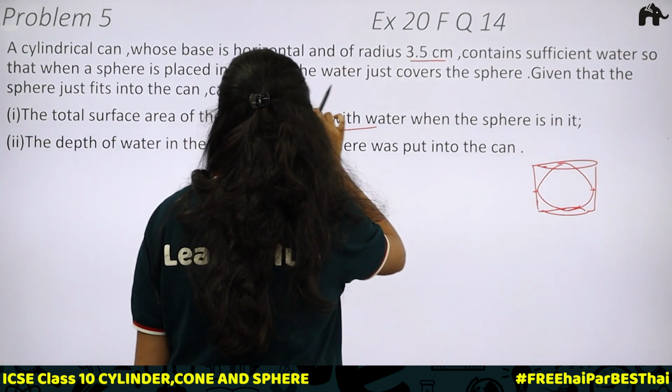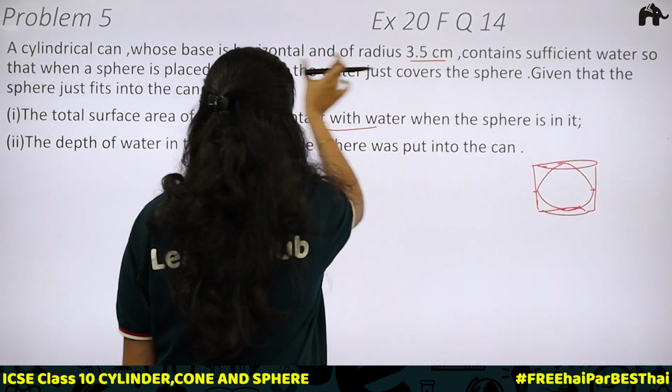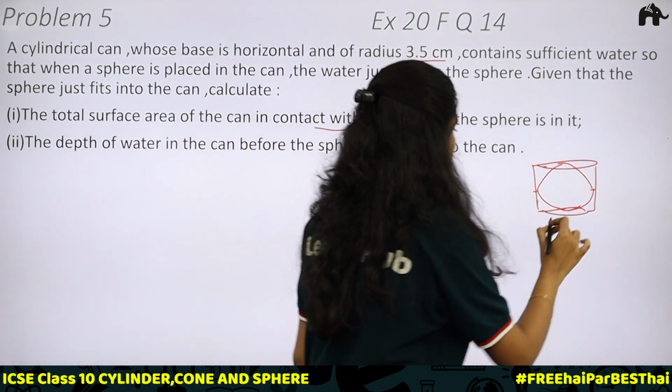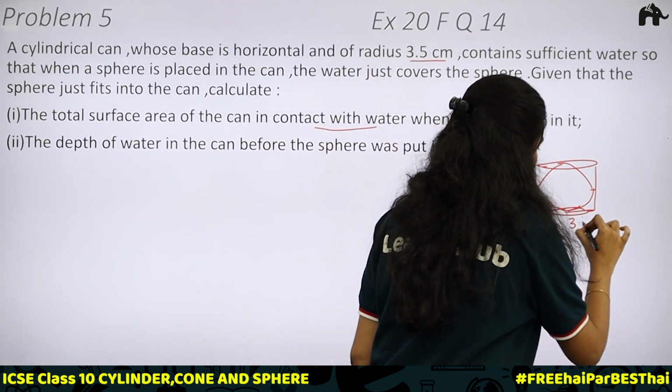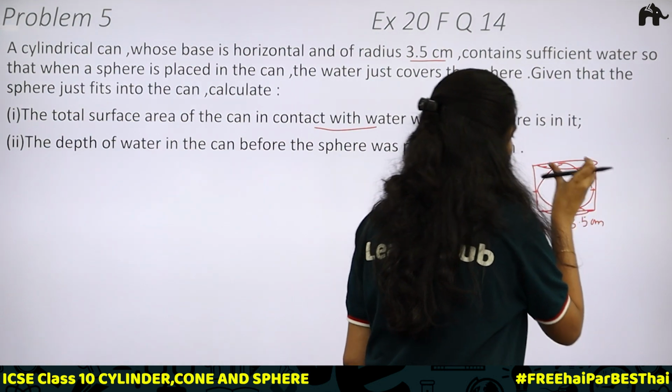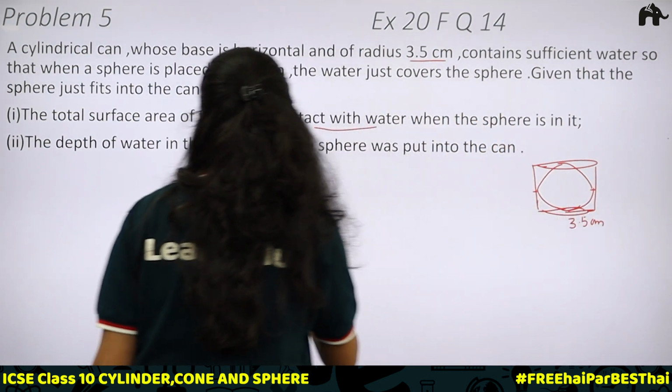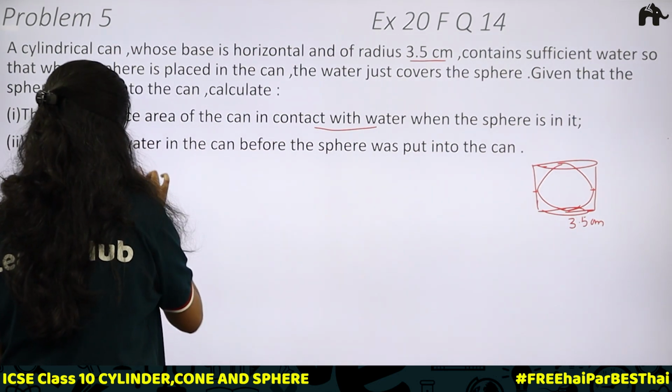Given the radius of the base of the cylinder is 3.5 centimeter. This 3.5 centimeter will be the radius of the sphere as well. Okay, let us find the total surface area, first question.